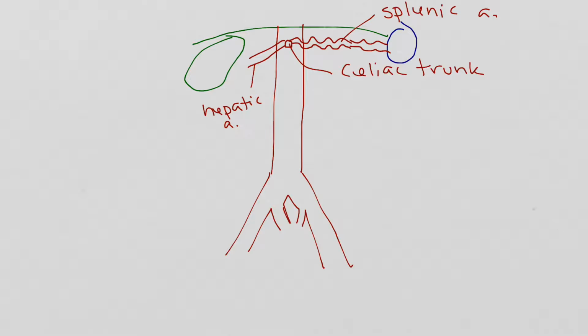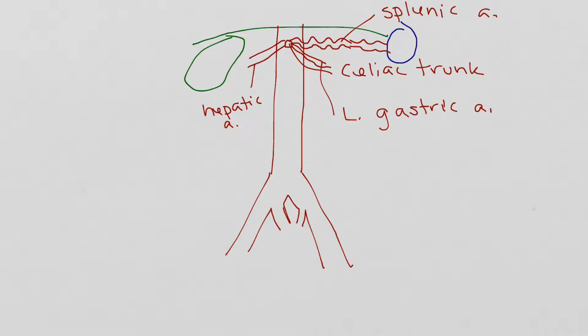The other branch that's coming off of the celiac trunk and heading towards the left is going to be heading towards the stomach. This is going to be the left gastric artery. Gastric is anything to do with the stomach, and so this artery is headed over to the stomach.